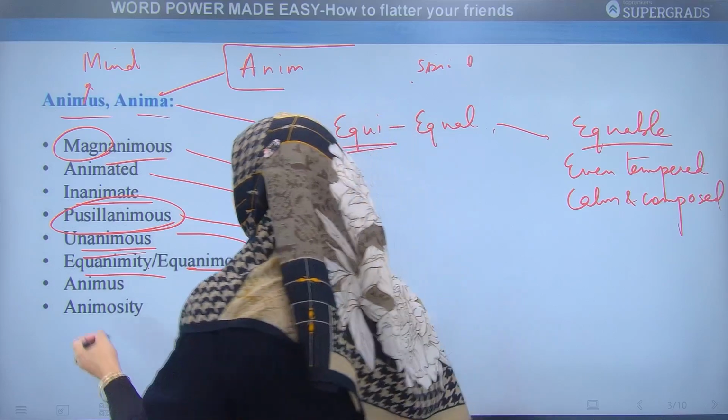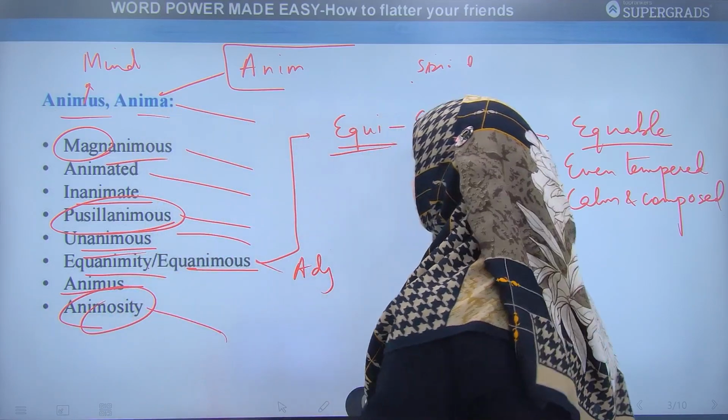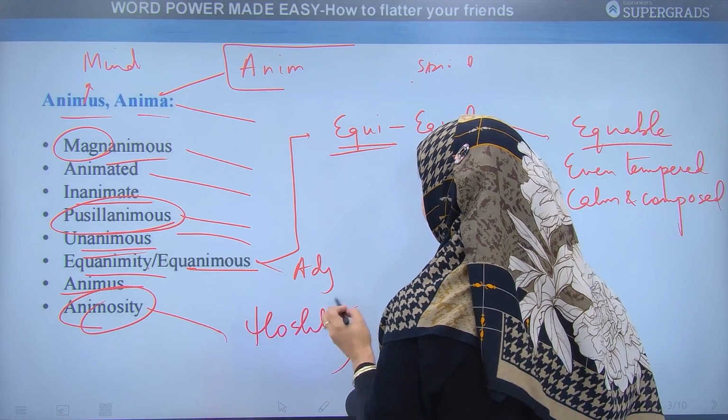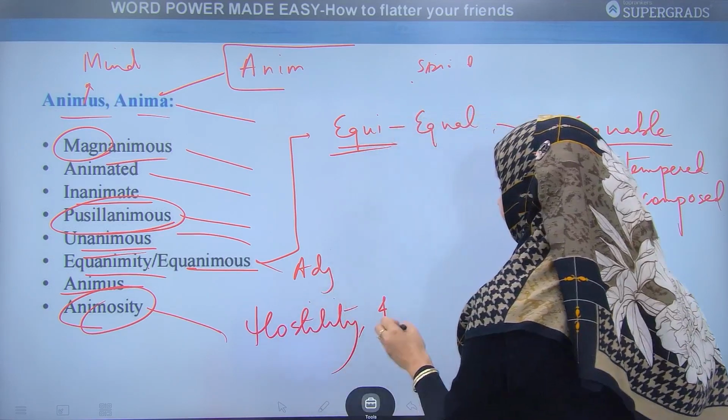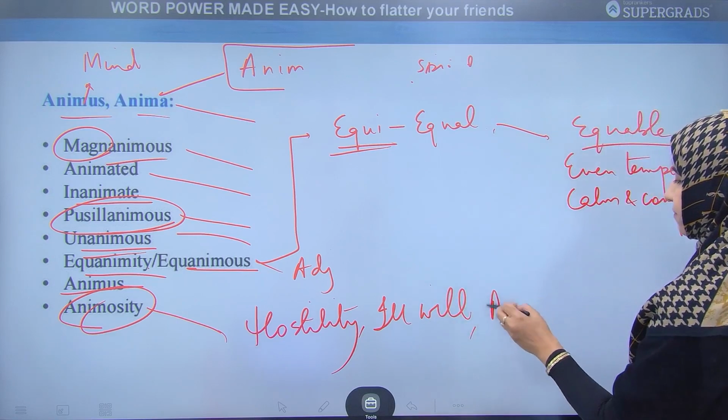What is animus? Animosity पहले करते हैं. Animosity is hostility. We all know, I guess. Ill will, negative feelings for someone, antipathy for someone.